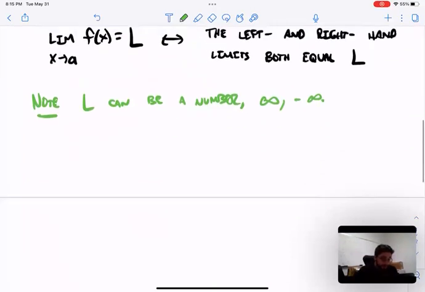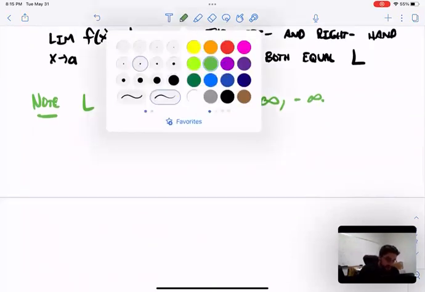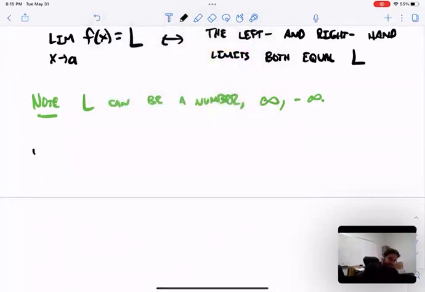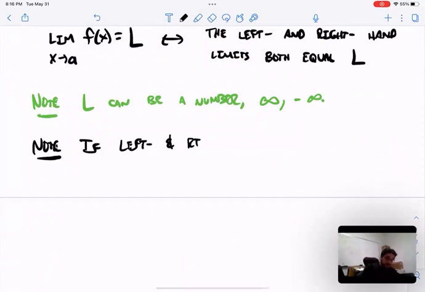So let's look at an example of this. Actually, one more thing I want to say. One more note is the symbol DNE. You'll see that a lot in the context of limits. If the left and right hand limits do not exist or disagree, right?